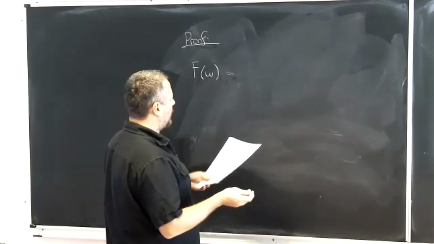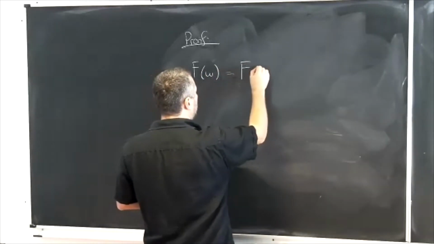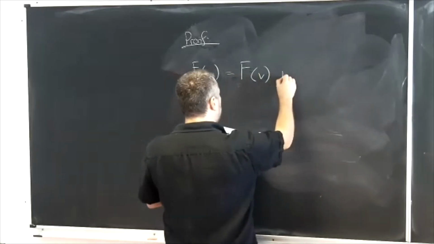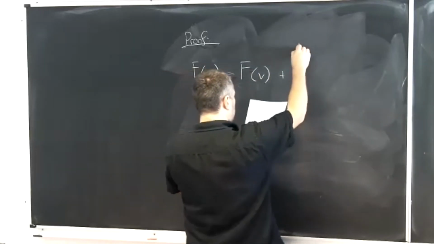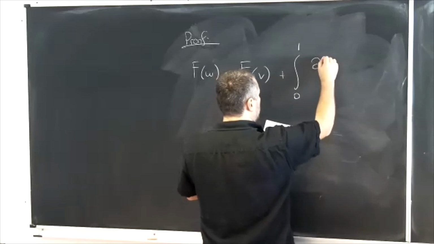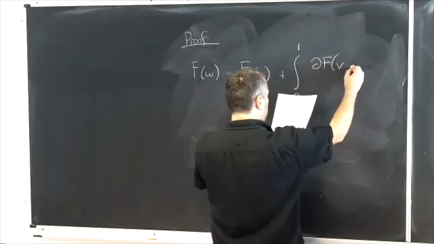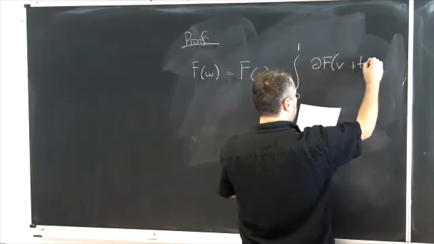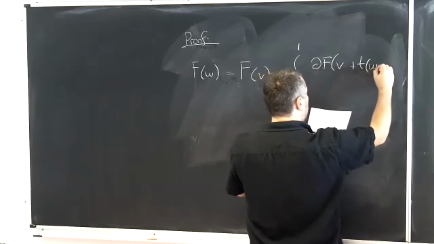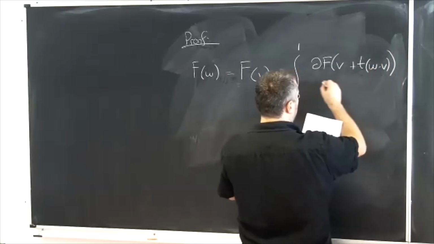I'm going to rewrite this as f of v plus the integral from 0 to 1 of the derivative of f of v plus t times omega minus v.